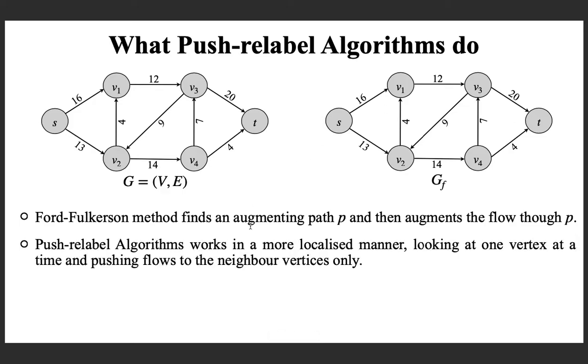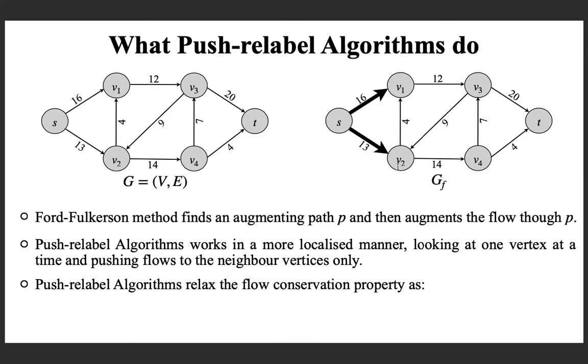Push relabel algorithms work in a more localized manner, looking at one vertex at a time and pushing flows to the neighbor vertices only. So if you look at this vertex, it's not going to find a path to the sink. Rather, it looks at only the neighboring vertices and sees how that particular vertex can send flow to the neighboring vertices.